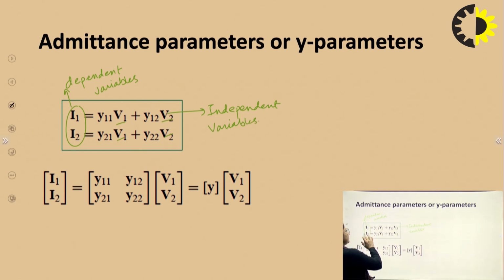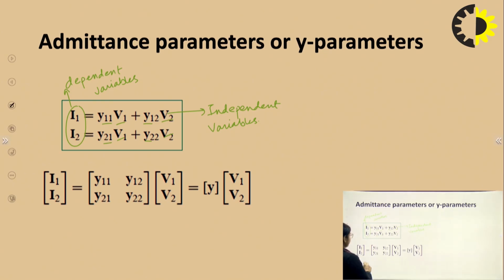That means the values of I1 and I2 depend upon the values of V1 and V2.